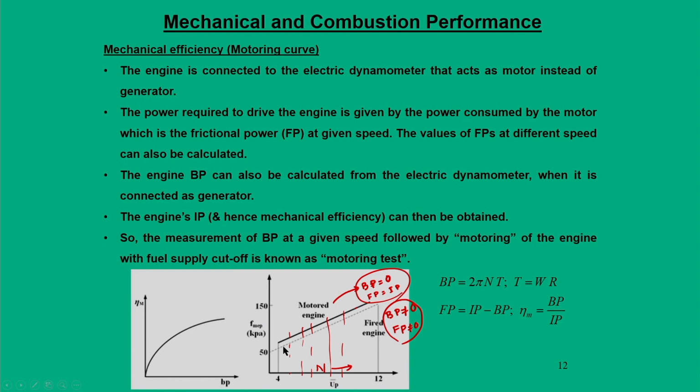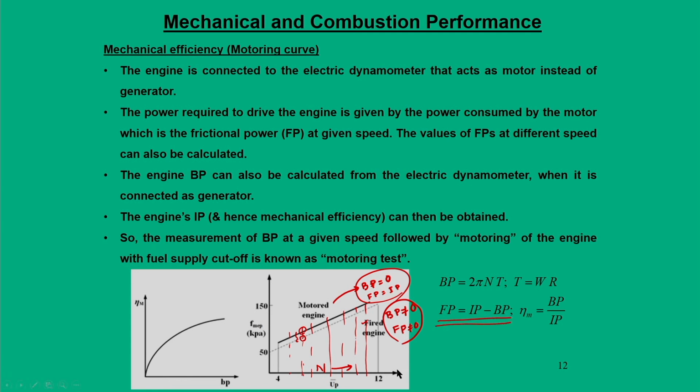Another curve can be drawn, which is a plot between friction power and RPM, or frictional mean effective pressure versus RPM. At every point there are 2 values, that means at any n we will have one for the fired engine and the other for the motored engine, and the difference between these two is nothing but the friction power.